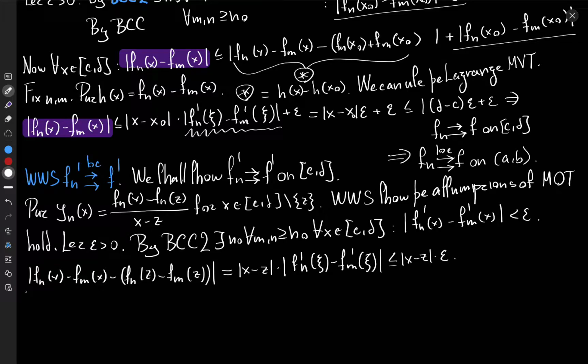Alright, well, before, during this step, we put h equal to f_n minus f_m. We're going to do it explicitly now.